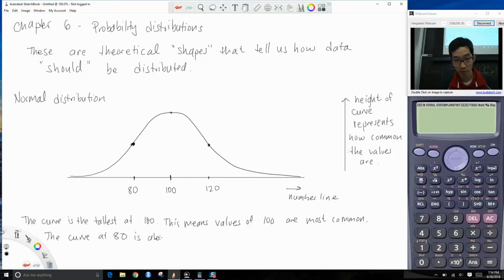So if 80 was where 100 would be, that would be the most common value. Correct, correct. So what this means, the curve at 80 is about half as high as the curve at 100. Okay, so that means the values of 80 are about half as common as values of 100.